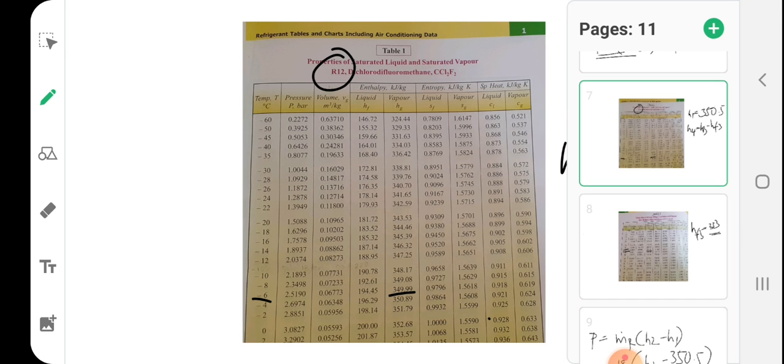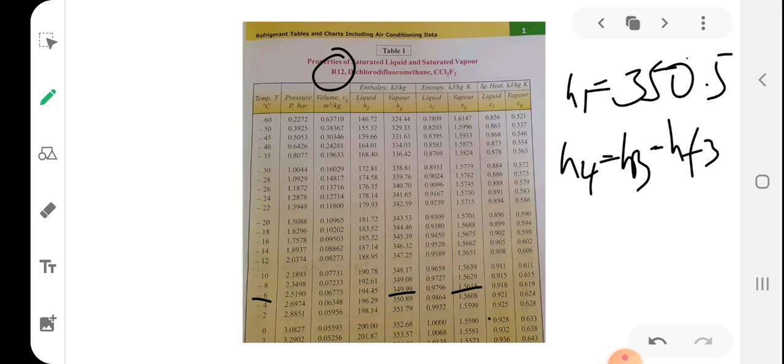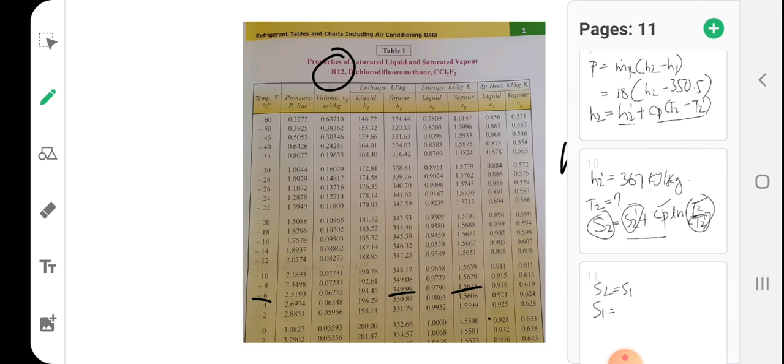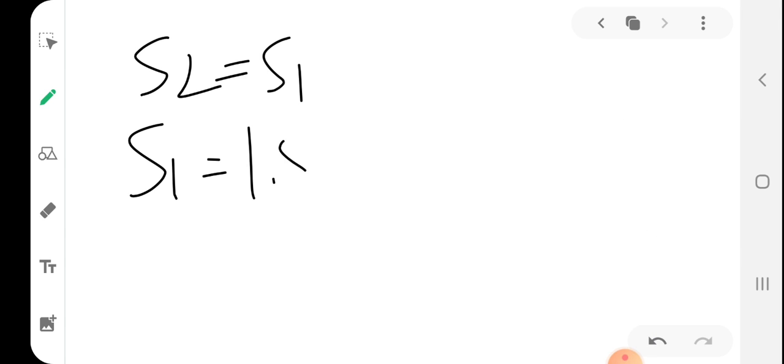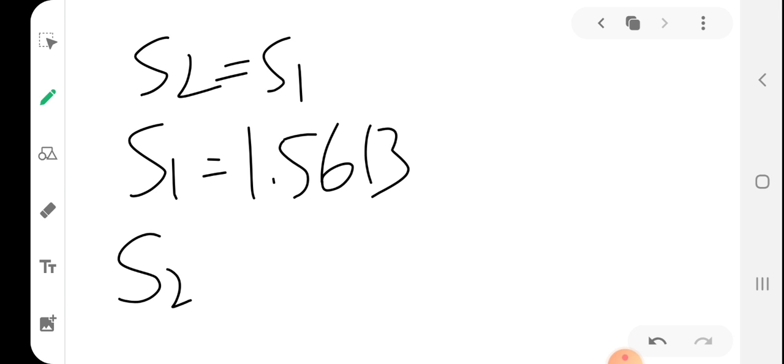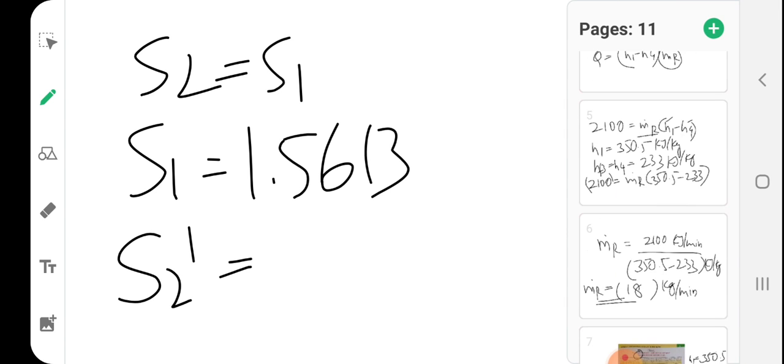At minus 5 degrees Celsius, Sg will be around 1.5613. So this will be S1.